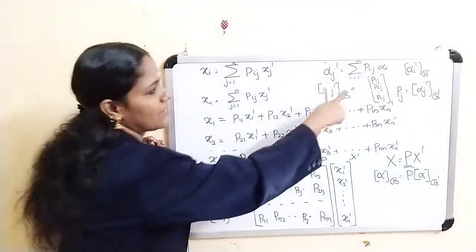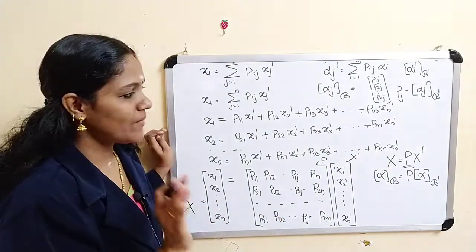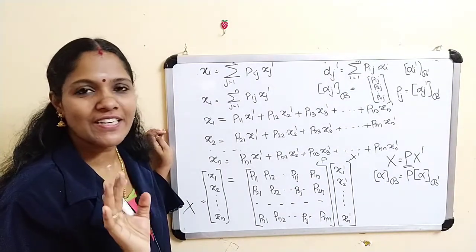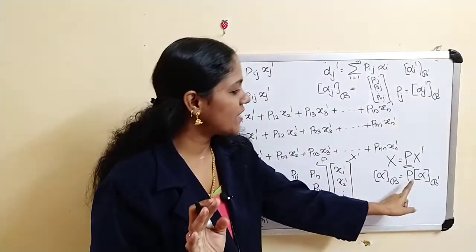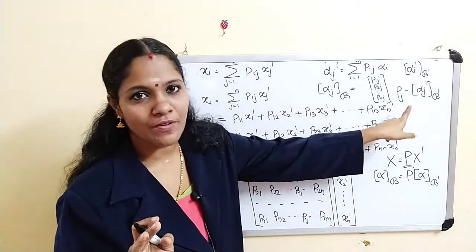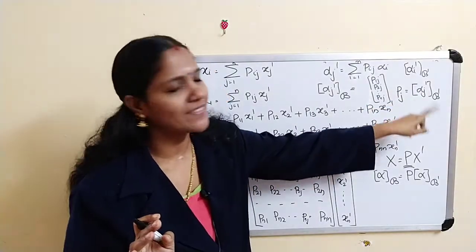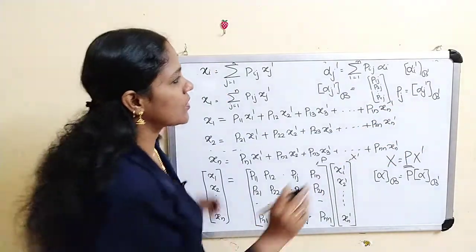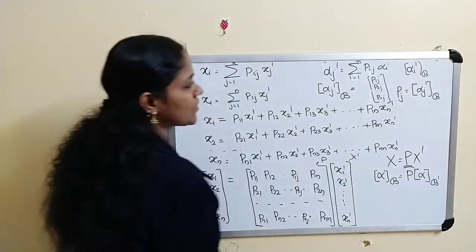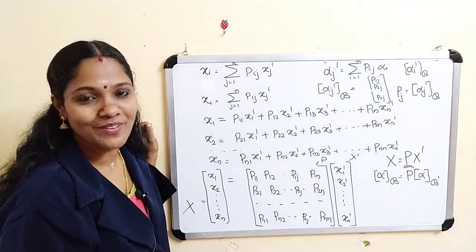Thus we get matrix of alpha related to B equal to P into matrix of alpha related to the basis B dash, and matrix P is the matrix with the columns Pj, where Pj is the matrix of alpha j dash related to the basis B.